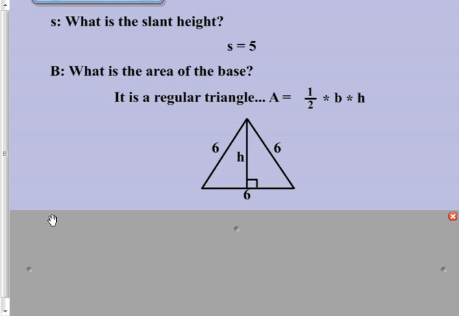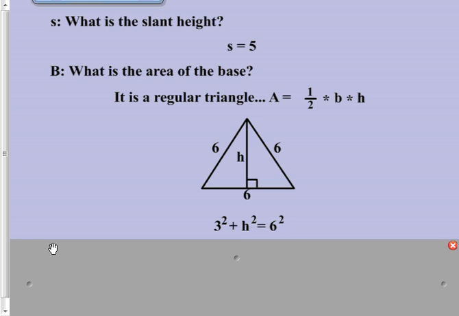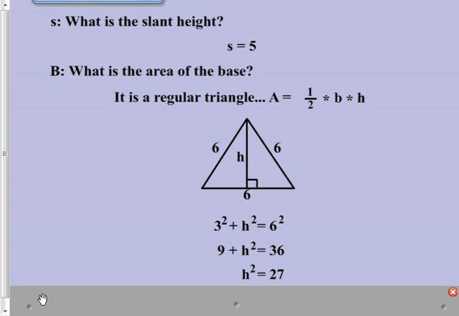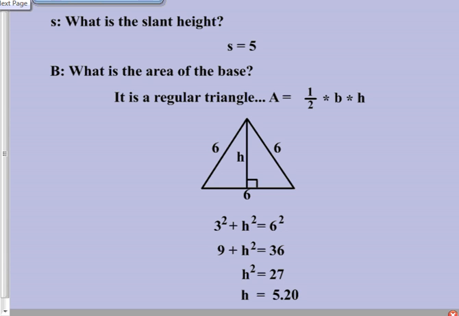So that makes this two 30, 60, 90 right triangles. We could use those rules, or we can use Pythagorean theorem. Either way, to find the height, just plugging in our values, either by this method or by the rules for 30, 60, 90, we're going to get a height that's in the ballpark of 5.20. Okay, that is the square root of 27.